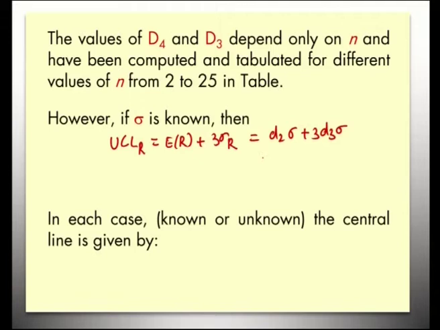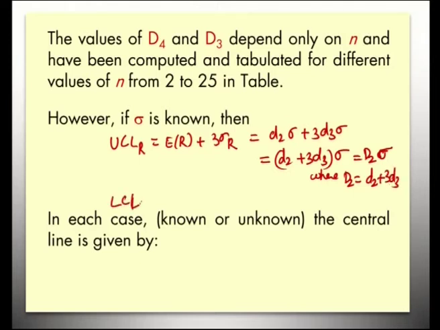Then this becomes d2 plus 3 d3 into sigma, and this is nothing but capital D2 into sigma, where capital D2 is equal to d2 plus 3 d3. And LCL of R, similarly writing the expectation of R minus 3 sigma R, we have D1 sigma, where D1 is equal to d2 minus 3 d3.